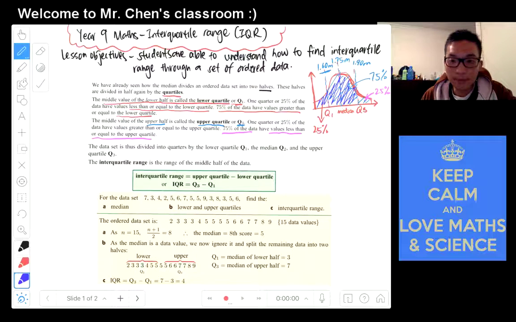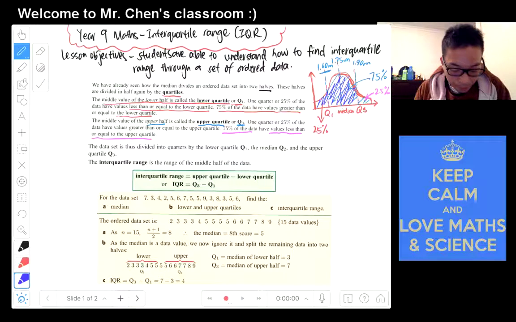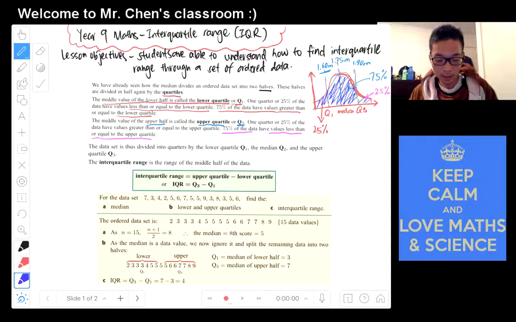If it doesn't make sense, please let me know, and I will explain it a bit better in person by providing more examples. So in a whole set of data, let's say you survey 50 Year 9s, assume there are only 50 Year 9s at our school.